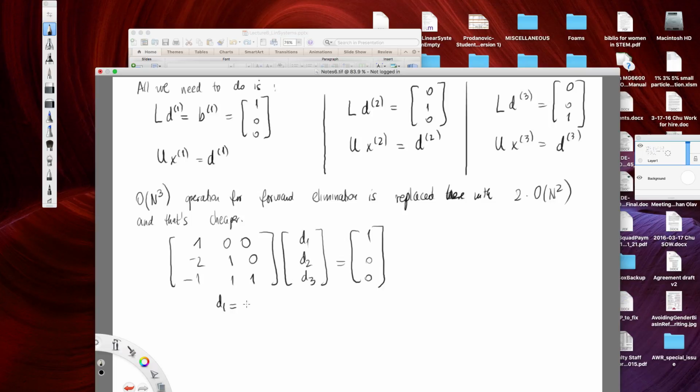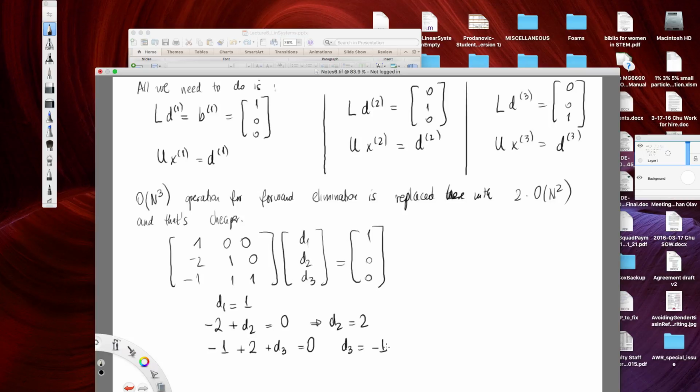Let's go for D2. So D2 is 2. And then what is D3? D3 is negative 1. What's good about these systems is that because I have a very simple right-hand side, and I have ones on the diagonal, solving this goes really quickly. It's really simple operations.